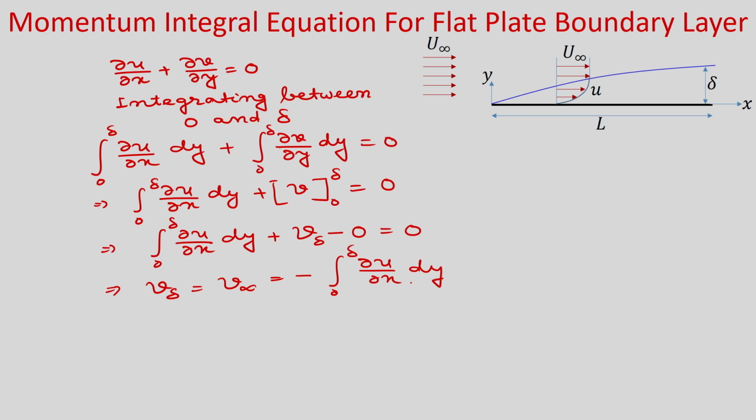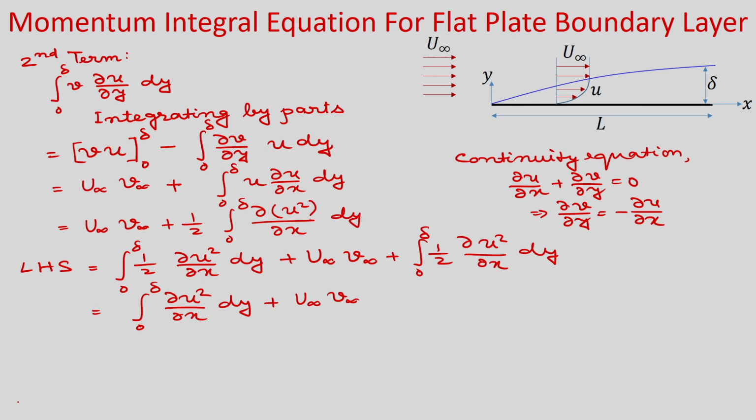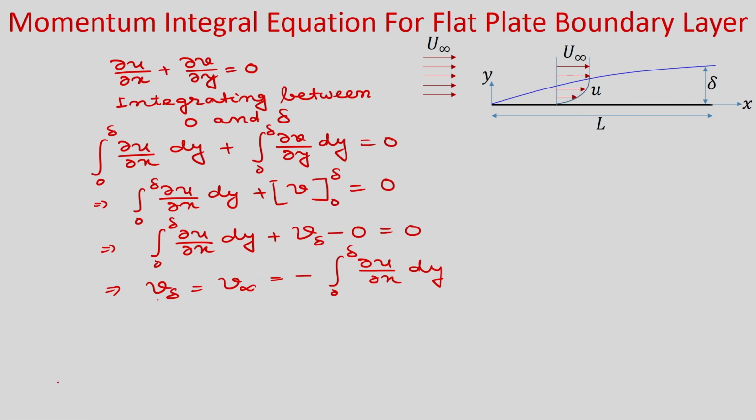Okay. So, now you can see that this v delta, now we can substitute it here, where we have written v infinity which is your v delta. So, that means v infinity, that means v at y is equal to delta. So, this now we can substitute, then we can write left hand side as integral 0 to delta ∂u²/∂x dy plus, now we have v delta.